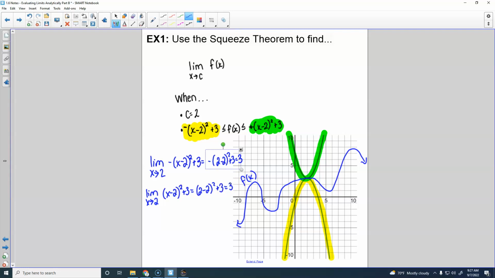So since both of these limits are 3, we can say by the squeeze theorem, limit as x approaches 2 of f of x must also equal 3.